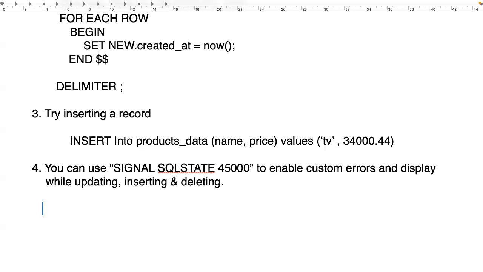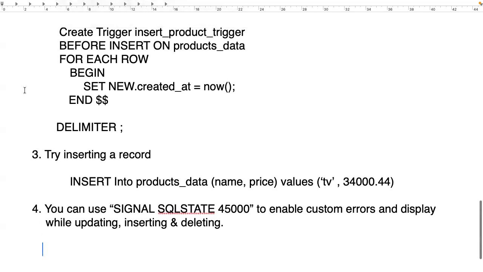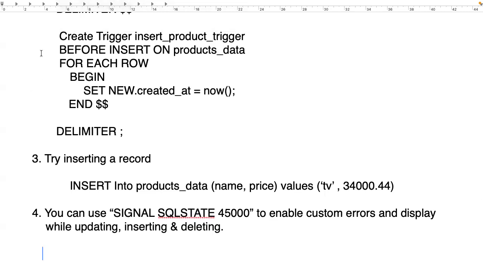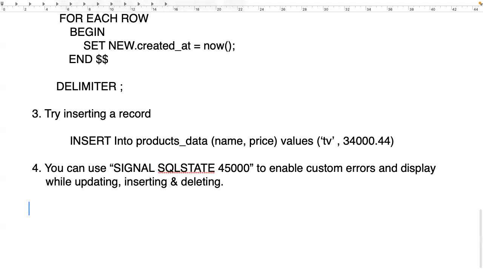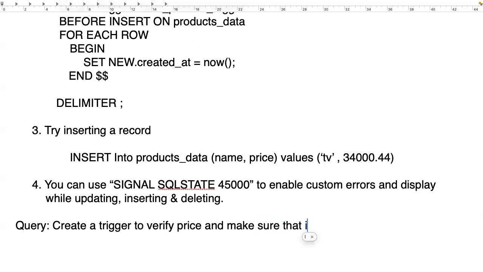Suppose our requirement is before inserting any record, we need to verify. For example, see here one small query I will give. So this is create a trigger to verify price and make sure that it will not insert a negative value.